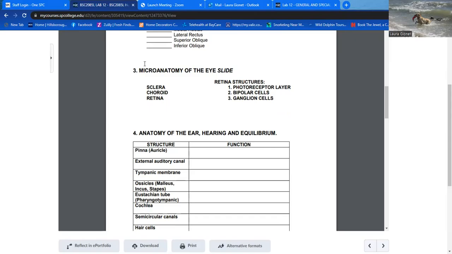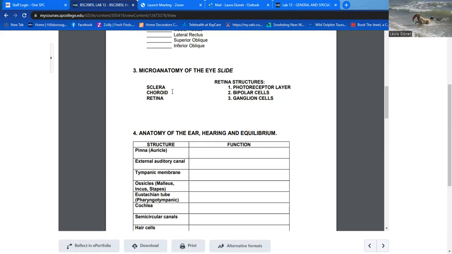Okay, so when we're looking at that, you should be able to see the sclera and the choroid and the retina, right? The sclera would be the outer connective tissue, kind of the white part. The choroid looks like a dried blood area because it's a highly vascular area. When the slide is prepared and the tissue is obtained, the blood congeals and dries, so it comes out kind of a black color.